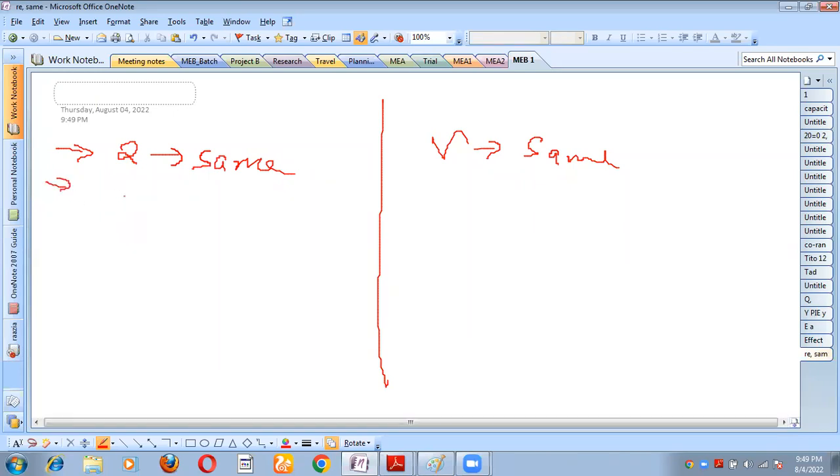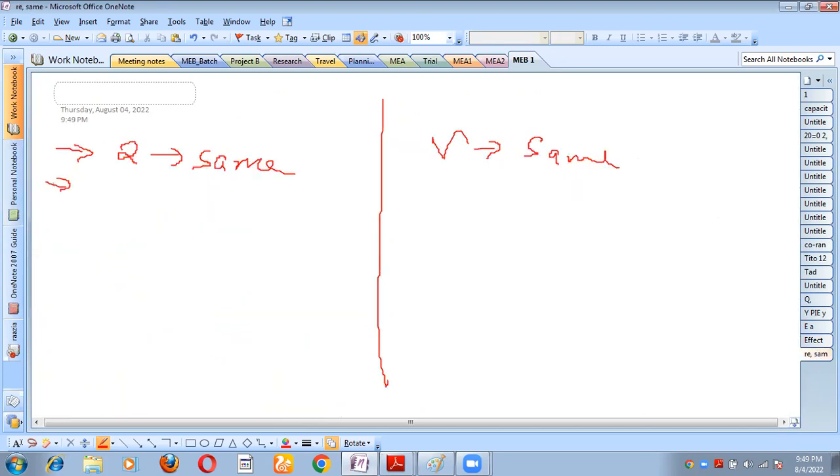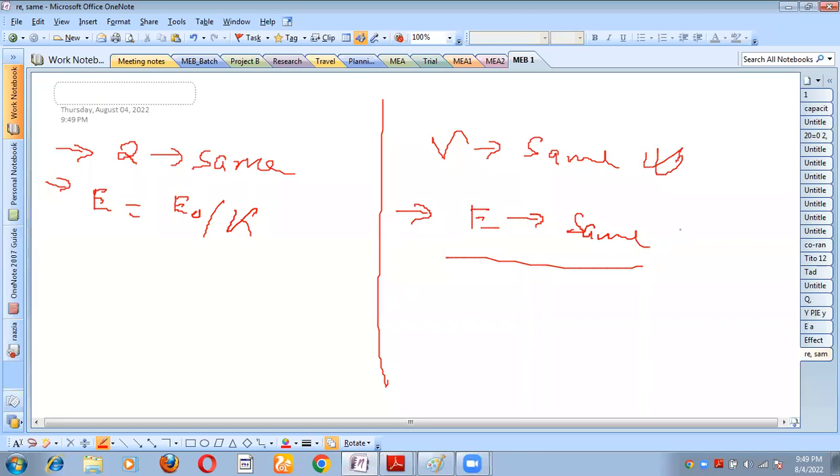In the first case, potential decreases, V becomes V naught by K. Now if we talk about electric field, here the electric field will decrease, E will become E naught by K. With the battery connected, the potential is the same, so the electric field will remain the same.